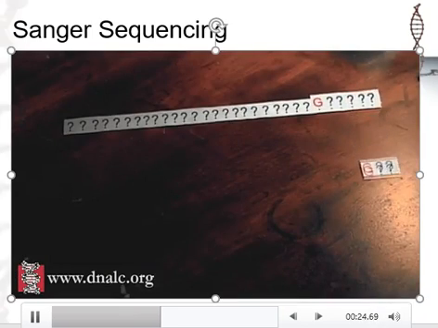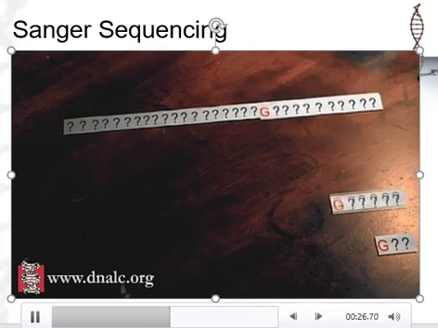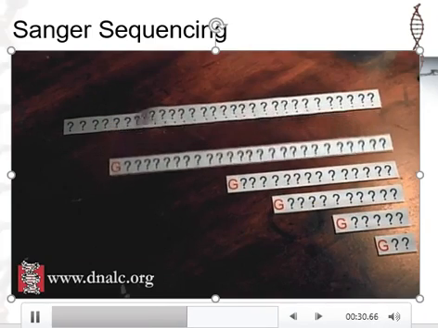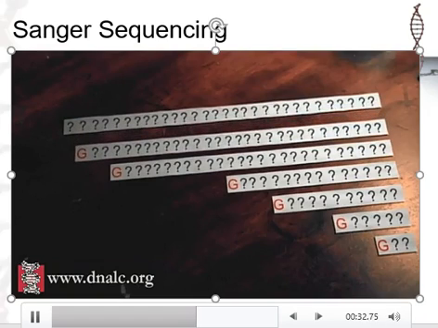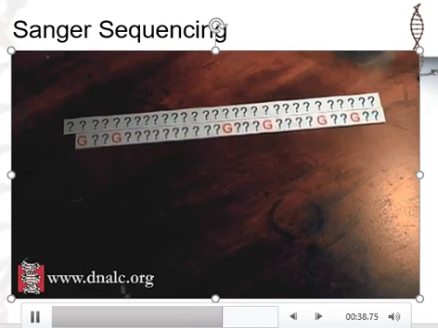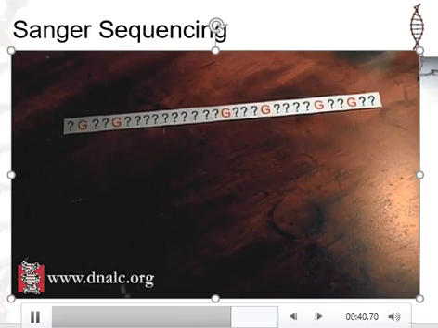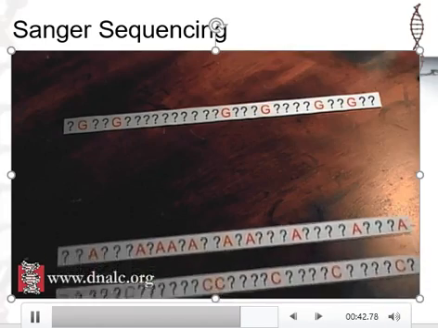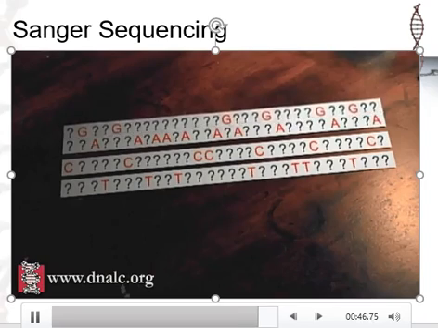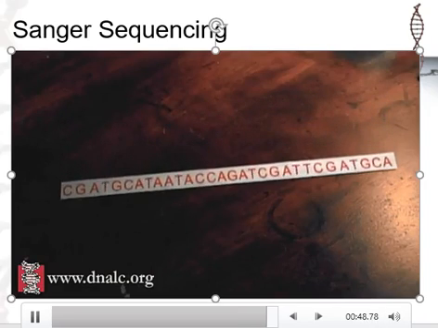These altered bases cause the copying process to stop each time one particular letter is incorporated into the growing DNA chain. This process is carried out for all 4 bases, and then the fragments are put together like a jigsaw to reveal the sequence of the original piece of DNA.